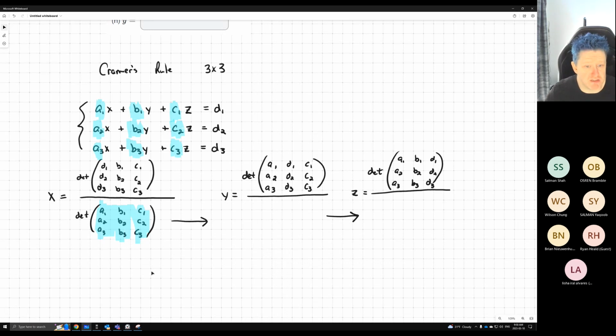And of course, it's the same here and here, right? You just copy down what you got for the determinant for the denominator for x. Okay, it's the same idea.